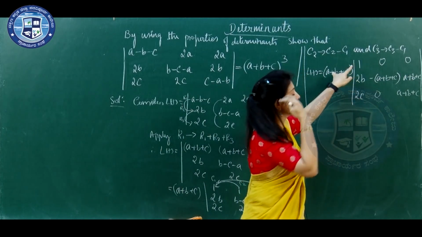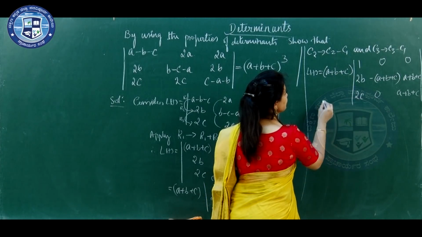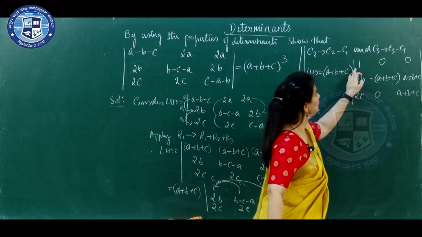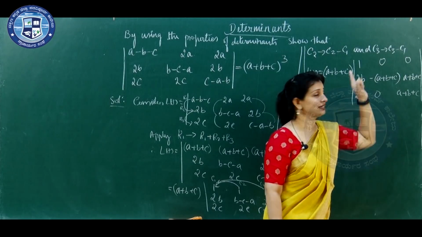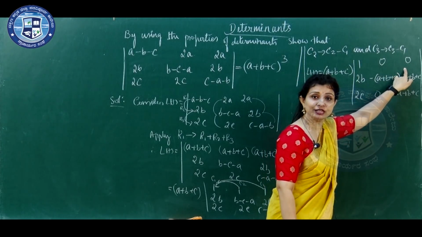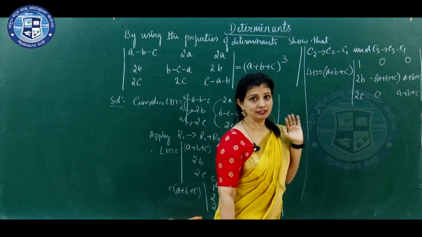Now, it is possible to expand to get the answer. The row which has the maximum number of zeros is used to expand and find the value of the determinant.